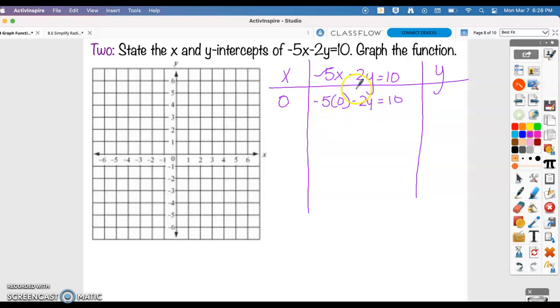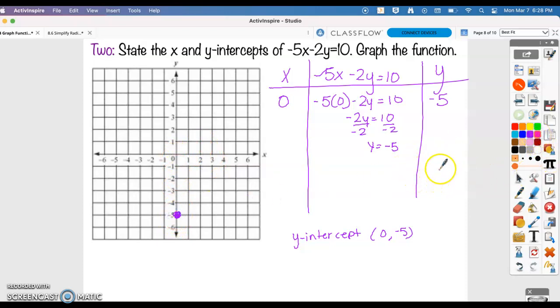Negative 5 times 0 is 0. So we have negative 2y equals 10. It's being multiplied by negative 2, so we divide by negative 2. 10 divided by negative 2 is negative 5. So that is my y-intercept, (0, -5). So I go to 0 for my x, down to negative 5, put a dot.